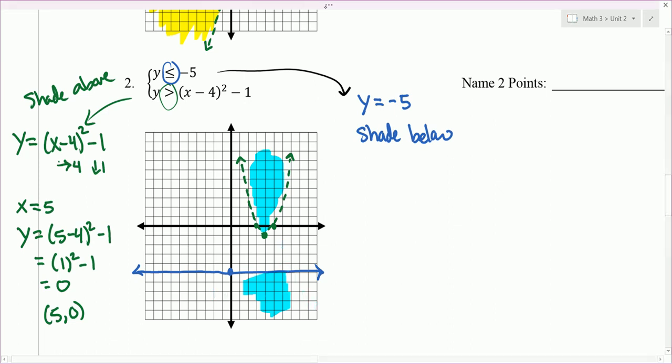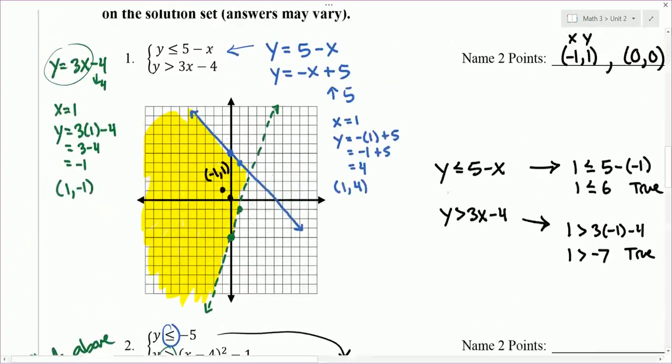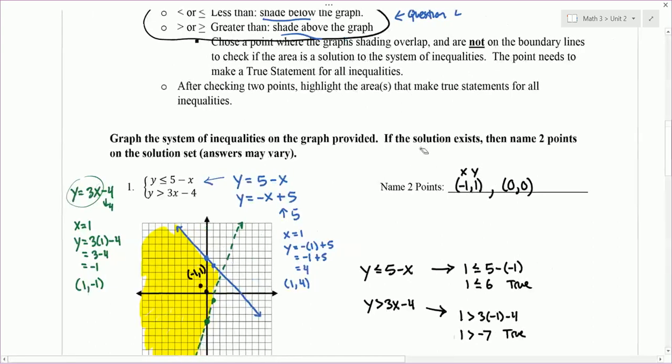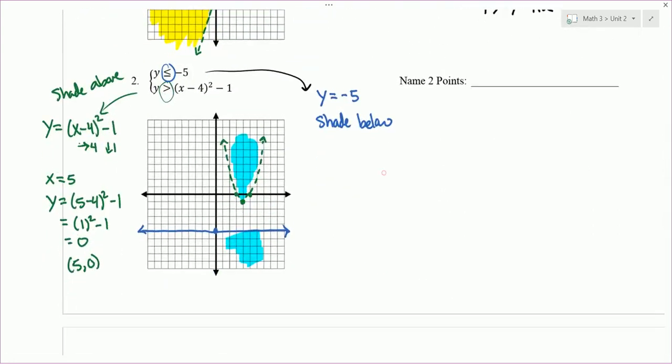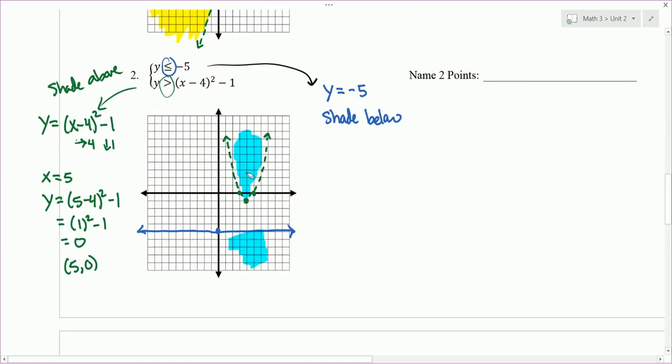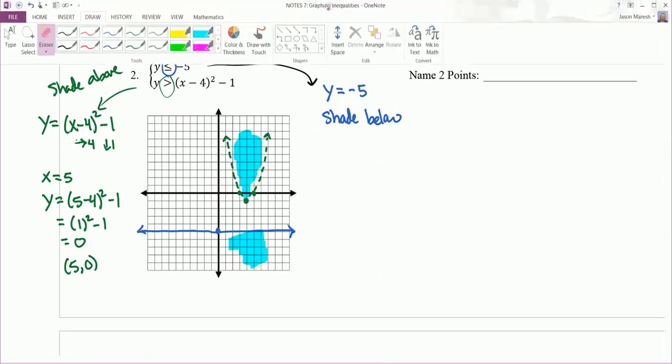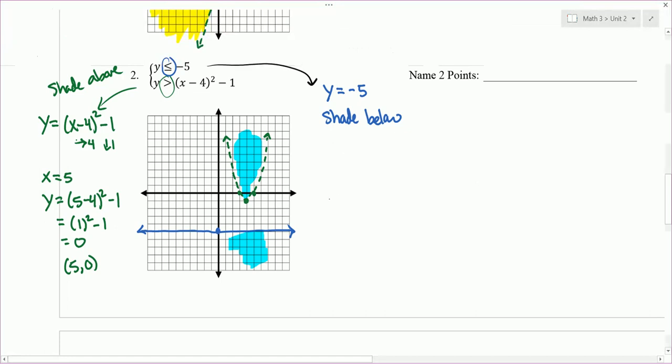No. So in this case, if we look back at the instructions, we say if the solution exists, okay? And so we're finding there's no points that meet both those requirements. And so we're just going to state that the solution does not exist. Don't shade anything because there is no intersection.